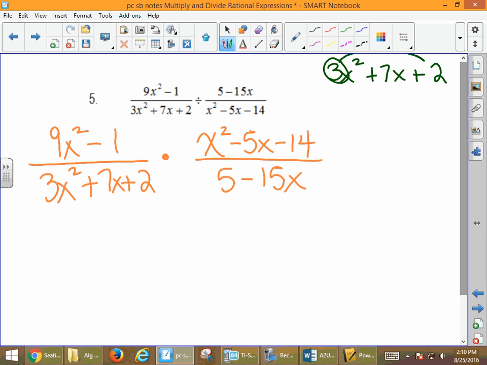I'm going to slide the 3 over. When we slide the 3 over, we get x squared plus 7x plus 6. So now we don't have any number in front of the x squared term, so that works well. And we get x and x, plus 6 and plus 1. 6 times 1 is 6, and 6 plus 1 is 7.